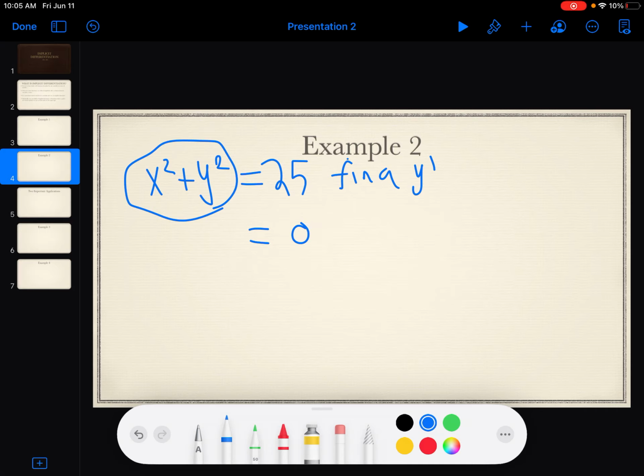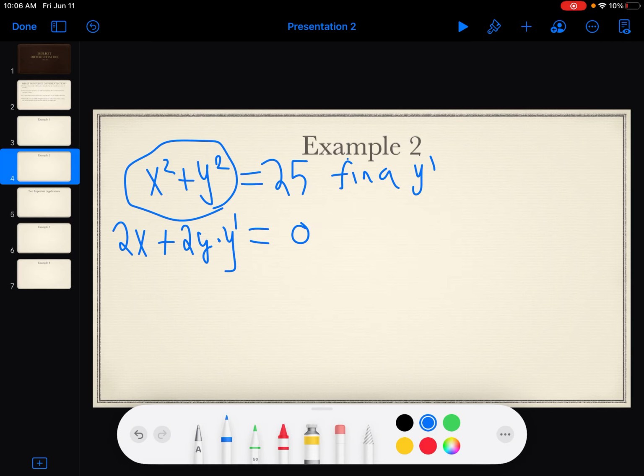And taking the derivative of the left side, we get 2x, this is just using the power rule, plus, now we also have to use the power rule because y is also a variable and take the derivative with respect to x. So we bring down the 2 and we get y, but we have to take the derivative of y also. So we got to do y prime. So it's 2y times y prime.